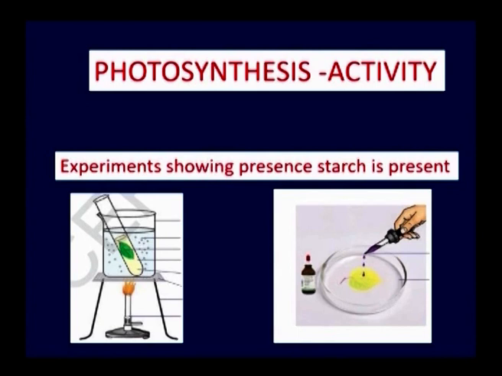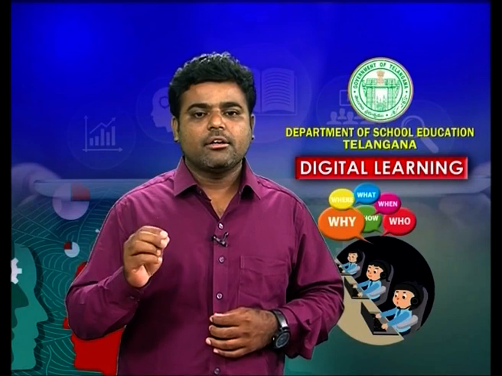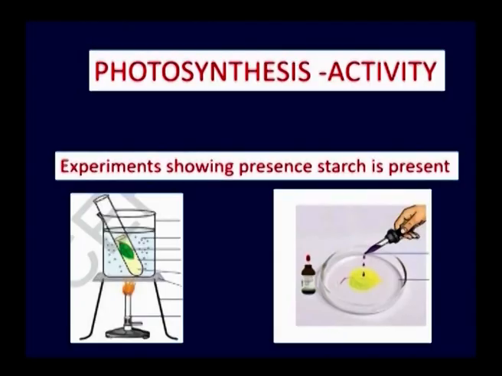Heat for a few minutes. After a few minutes, take the test tube outside and slowly remove the leaf with the help of forceps. Put it on a petri dish and drop the iodine on the leaf. When you are keeping the leaf in a petri dish or in a watch glass, we have to open the leaf widely. Why? Because when you insert the leaf inside the test tube, it is folded.